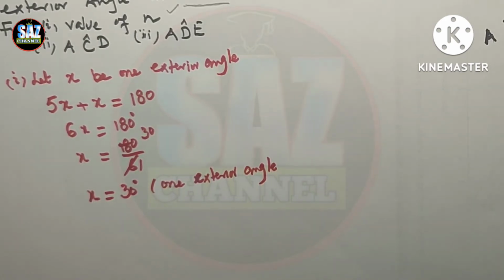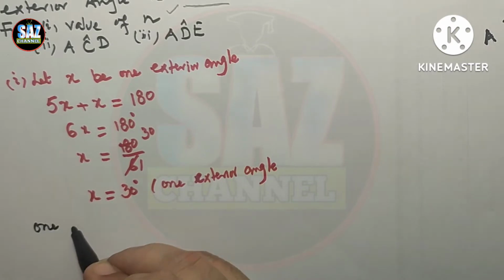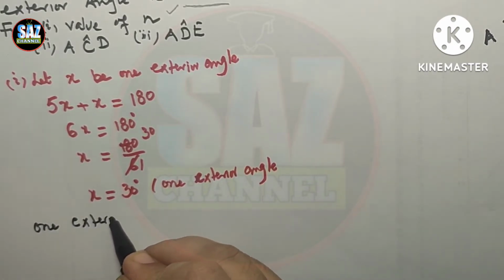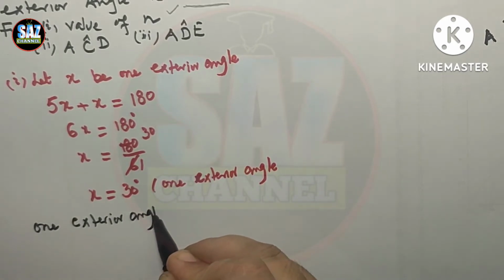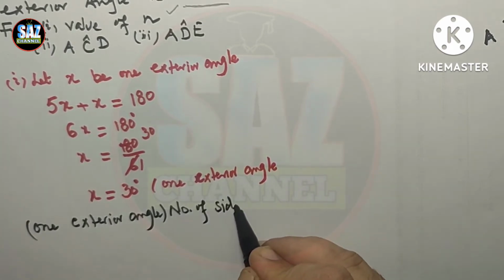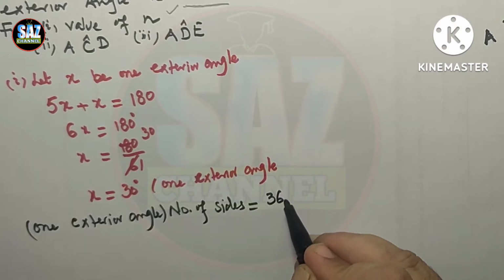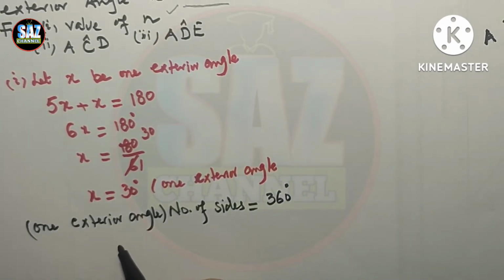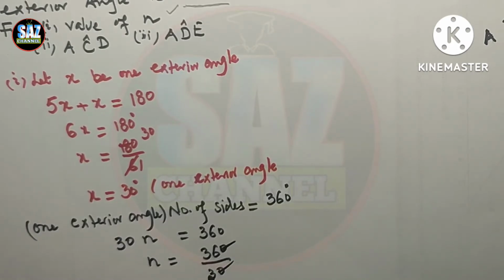We know the formula: one exterior angle multiplied by the number of sides equals 360 degrees. The exterior angle is 30, and n is the number of sides, so 30n equals 360 degrees, and n equals 360 divided by 30, so n equals 12.